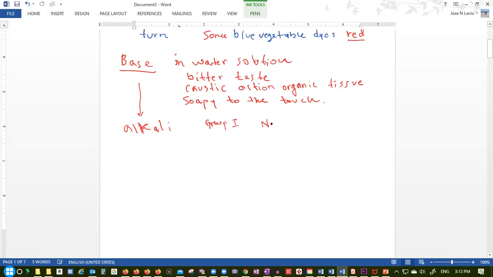So we have NaOH, KOH, strong bases, and also hydroxides of the alkaline earth metals, for example, calcium hydroxide, magnesium hydroxide.